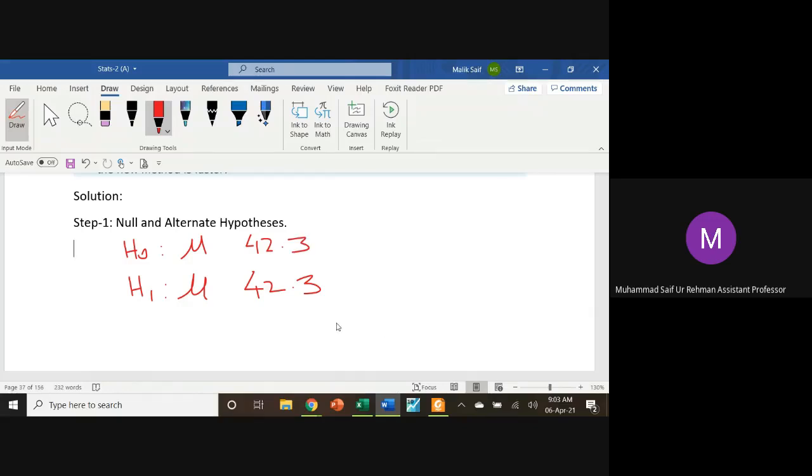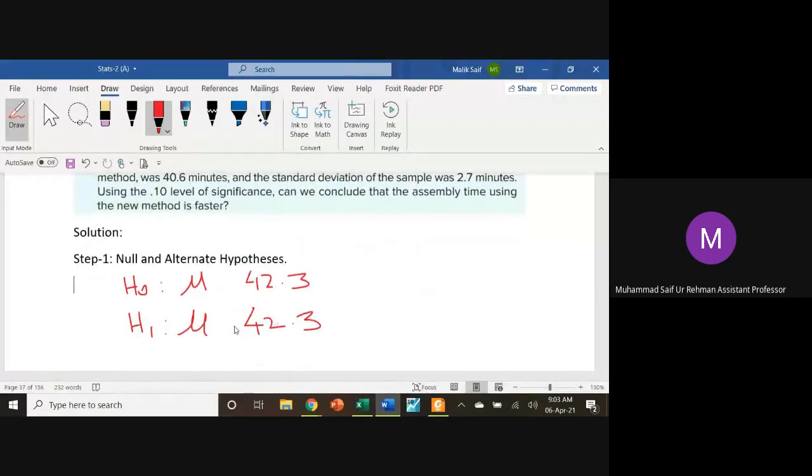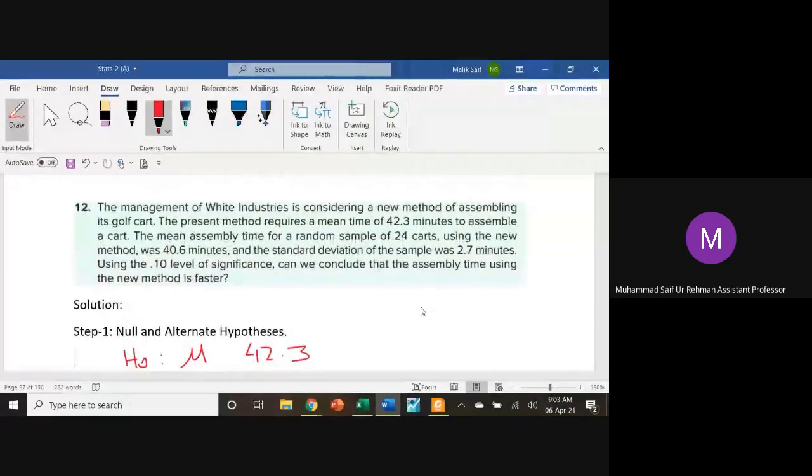Fine, but which sign we will put for the alternate hypothesis and which for the null hypothesis, this we have to decide first. This is very important. Otherwise, if you put the wrong sign over here, then the result will be incorrect.